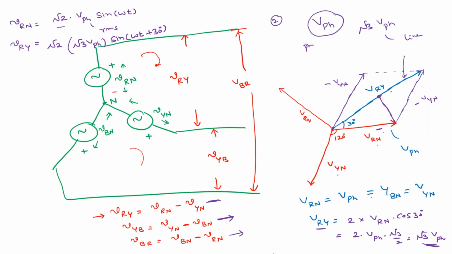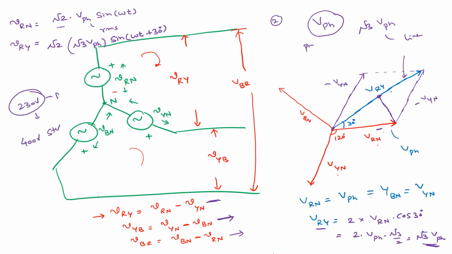In a star connected 3-phase source, the line voltage is root 3 times the phase voltage. For example, we have the voltage of 230 volts. How is this 230 volts obtained? We have a 3-phase supply which is 400 volts, star connected.